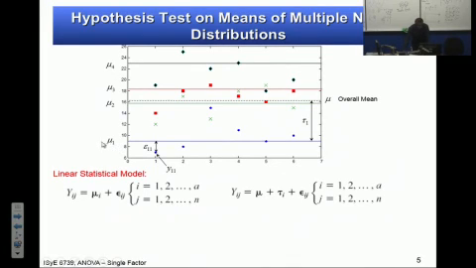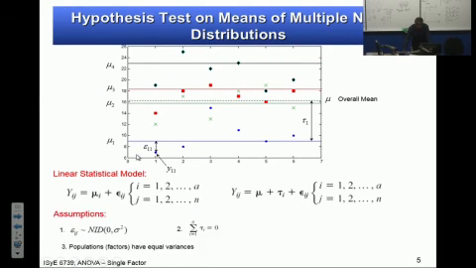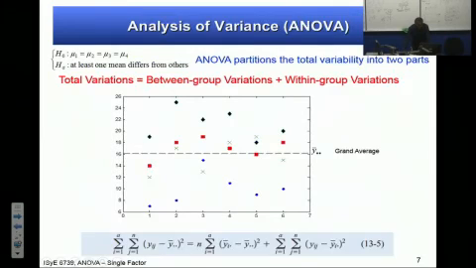Because let's say this is one population, each observation minus, I'm sorry, not the grand mean, its corresponding mean. So it gives me the within group variation. So you can see the total variation can be decomposed into two parts, between group variation and within group variation. Okay? Then we continue on Friday. I'm going to review that part again and see how we can use this decomposition to set up our hypothesis testing.